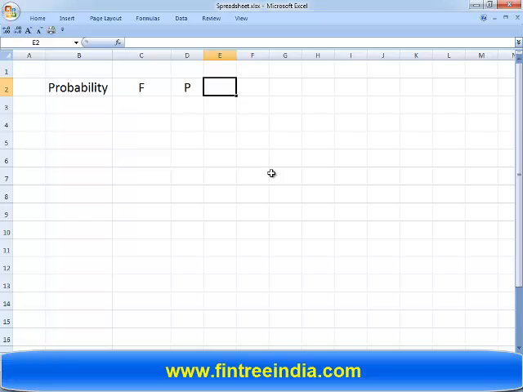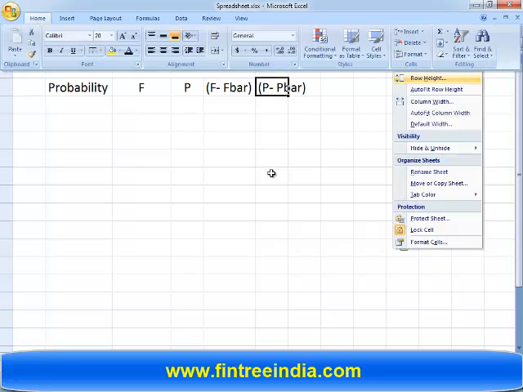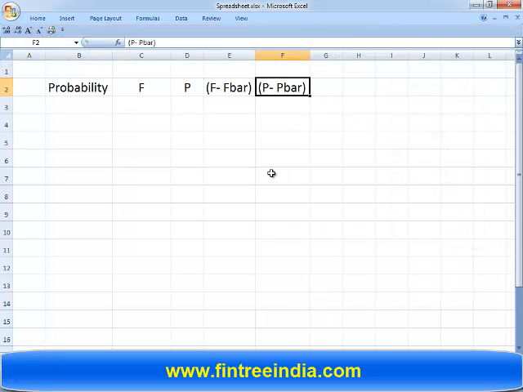Then here we will say F minus F bar. Here we will say P minus P bar. When you write that, make sure you put the bar at the top. Don't write bar. Okay, so F minus F bar, P minus P bar. Then we want to calculate variance.